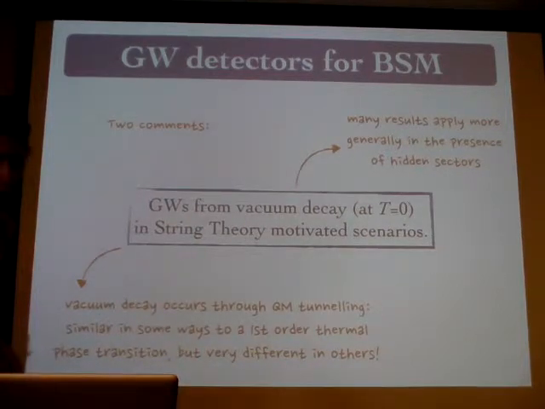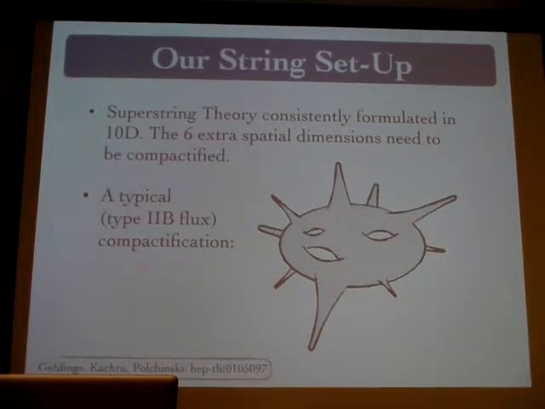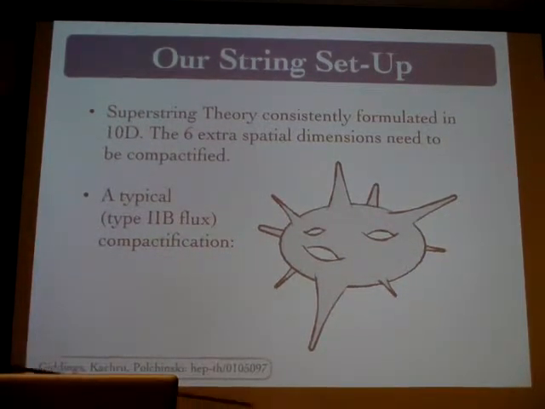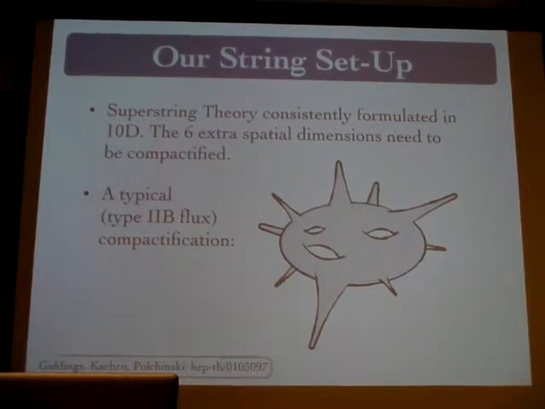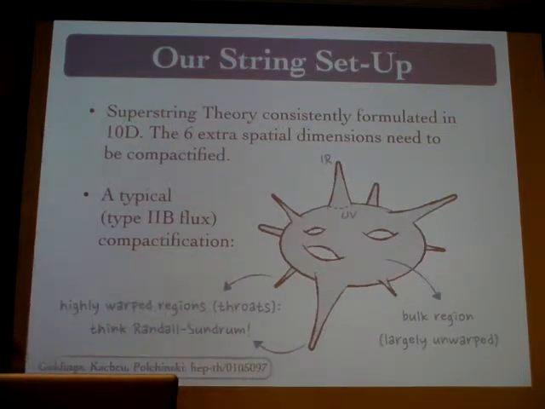Right, so before we continue, I need to tell you some things about string theory. As you know, string theory is consistently formulated in 10D. So there are 6 extra spatial dimensions that need to be compactified. And the typical compactifications we're going to focus on look something like this. So there is some bulk region, which is mostly unwarped. So the internal space is mostly flat.